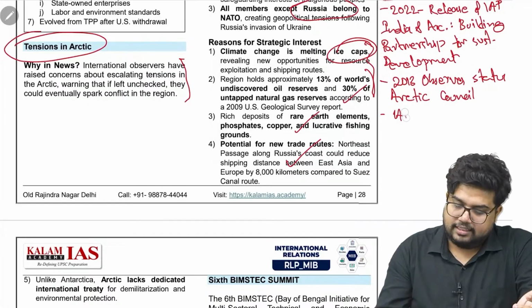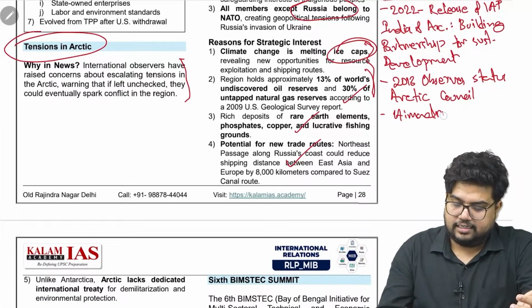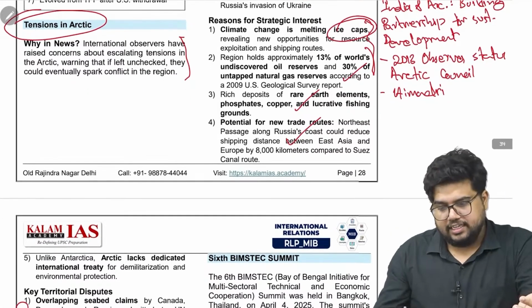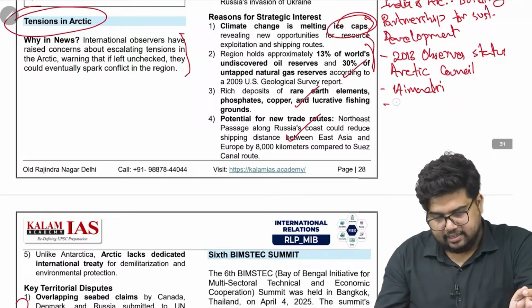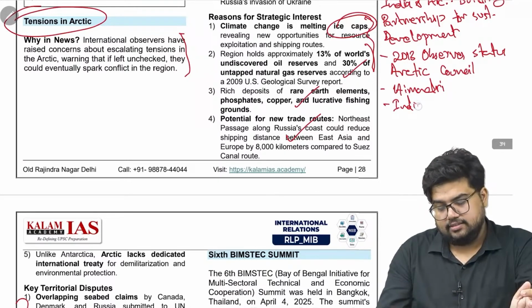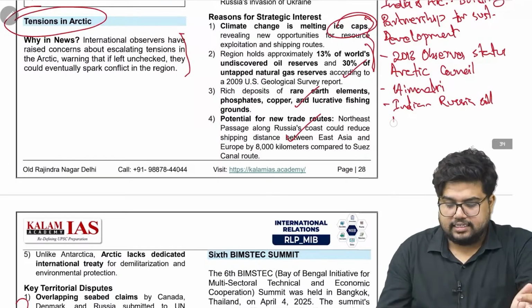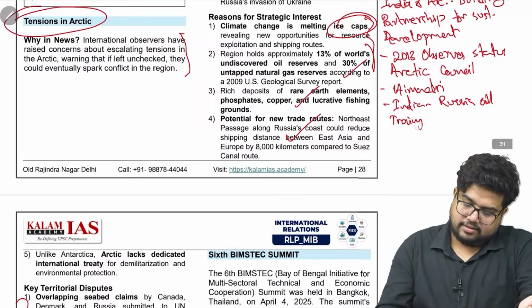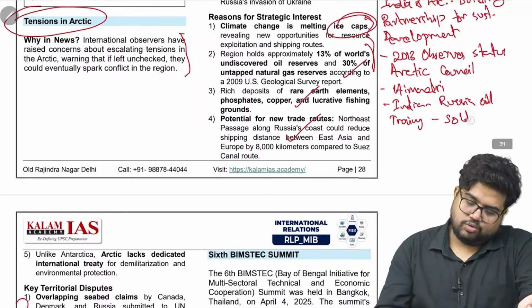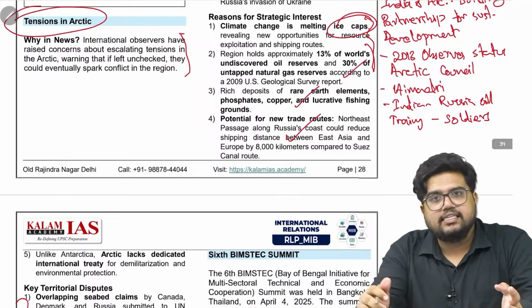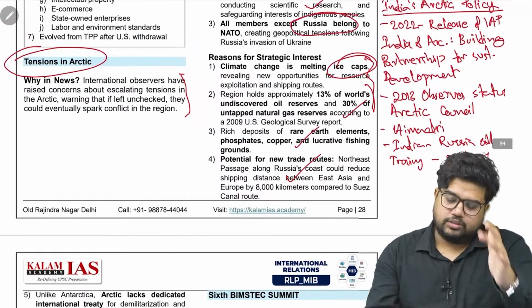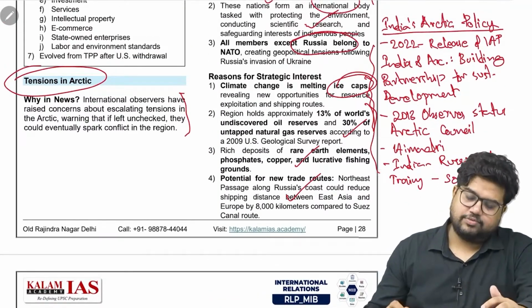We have the Himadri research station which is functioning in the Arctic, and we have India-Russia collaboration in the Arctic. Recently there has been training provided for some Indian soldiers on conditions in the northern sea. So these are broad aspects of India's policy in the Arctic.